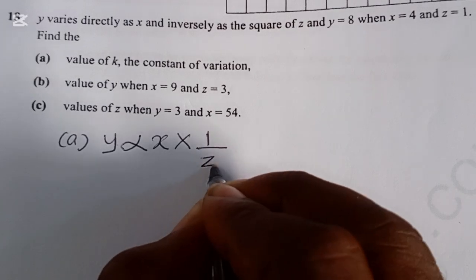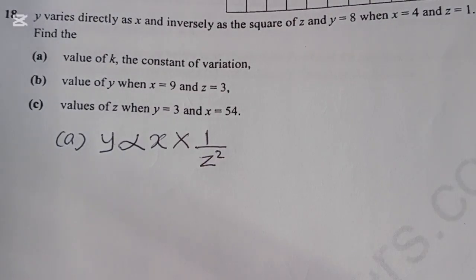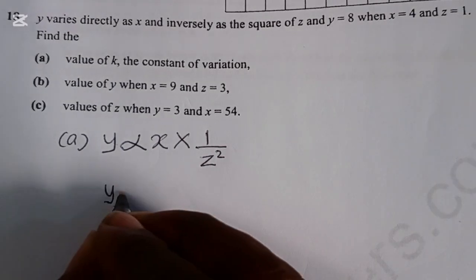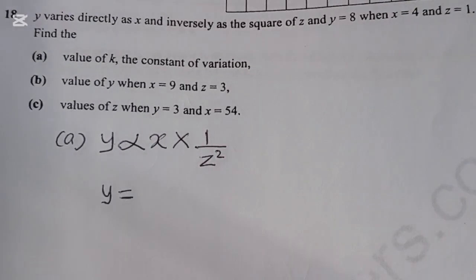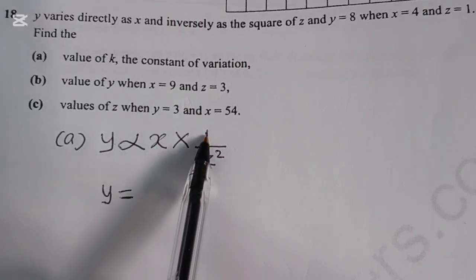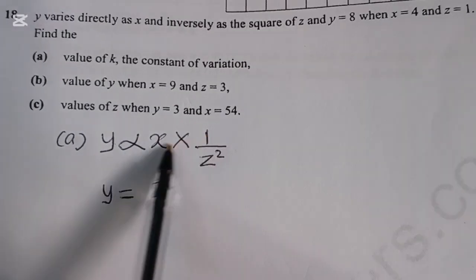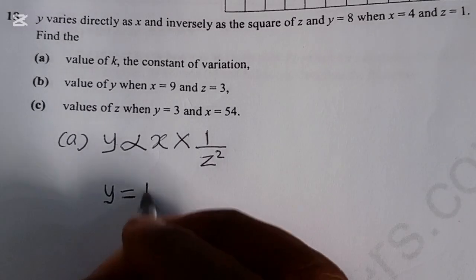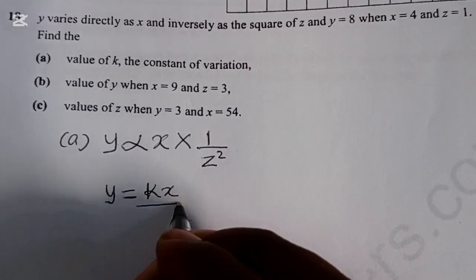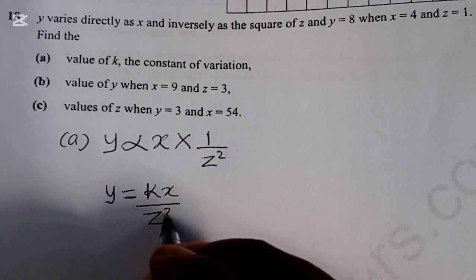So meaning it will be z squared. So from there now, I'll say y, I'll introduce the equal sign. When I introduce the equal sign, I'll introduce k, the constant. So k times x, it is kx over z squared.